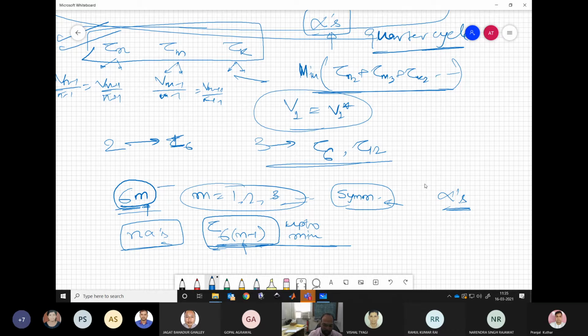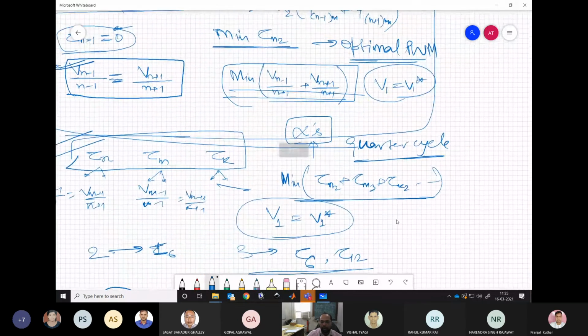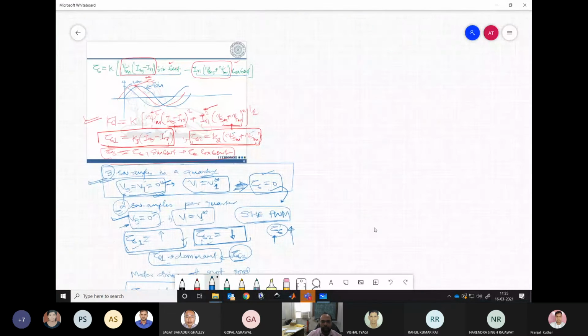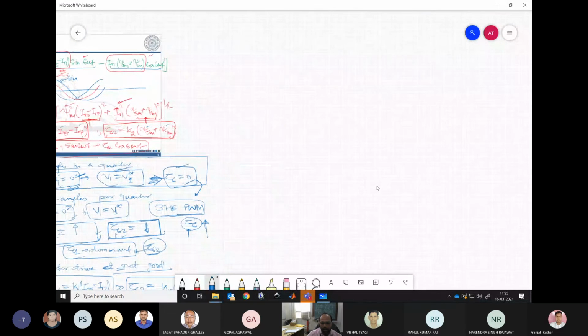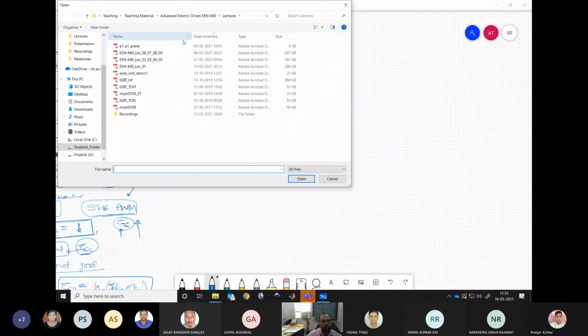Now, the next thing what we can understand when we have minimized all these things, so we have our torque harmonic minimized or some current THD minimized or any other performance metric minimized. Then we can have these PWM techniques for our system where we can use this to have a good performance for our motor drive.